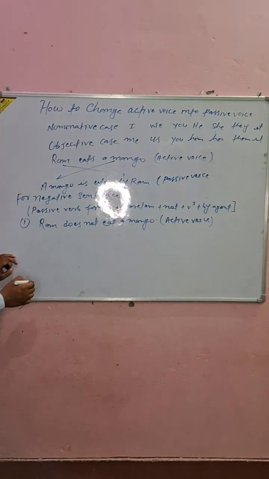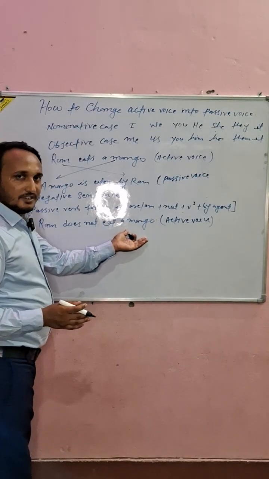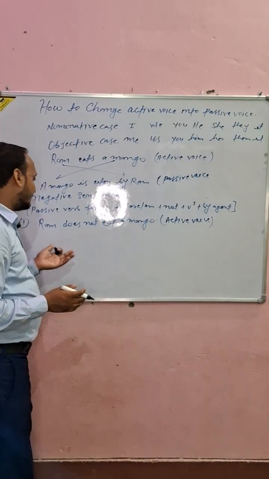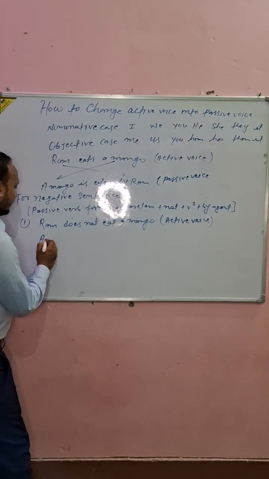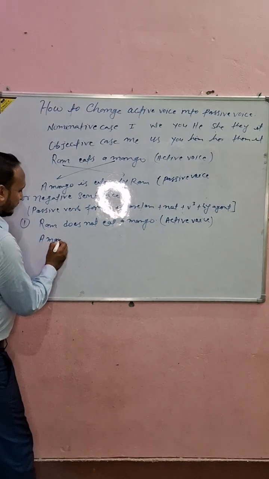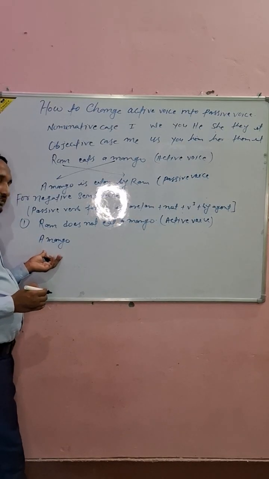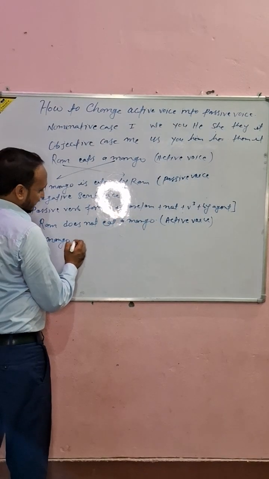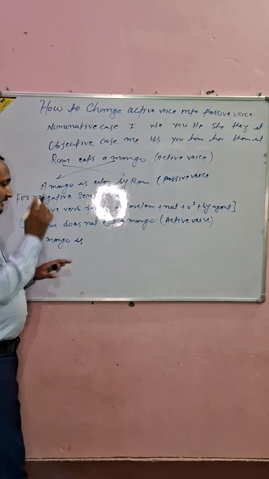Just before, I told you, always the object is used as the subject of a passive form. So here we can use a mango.